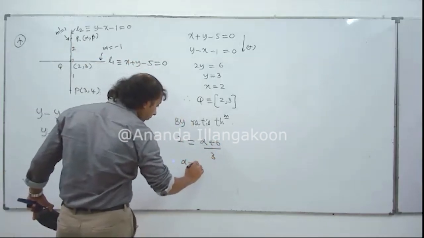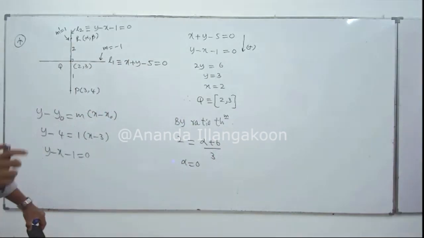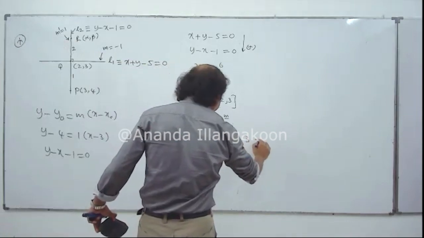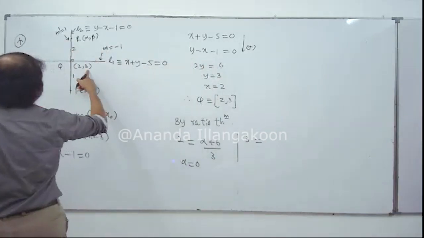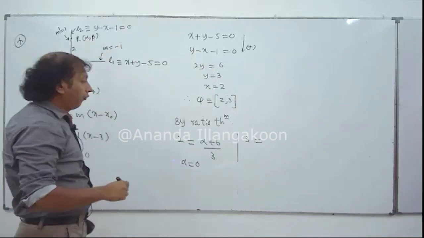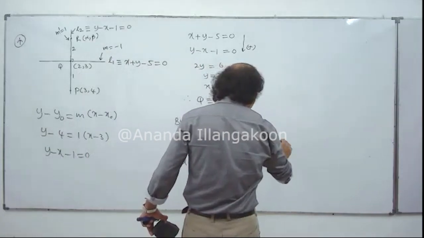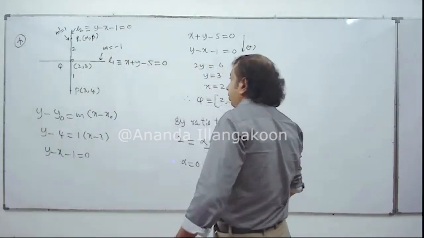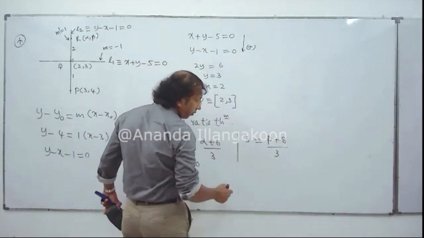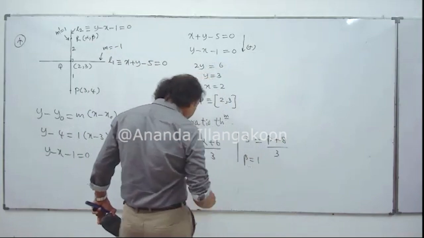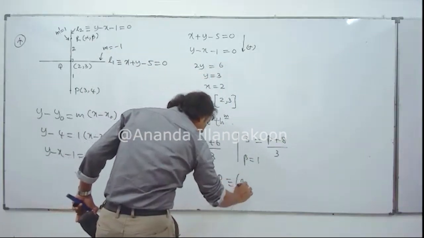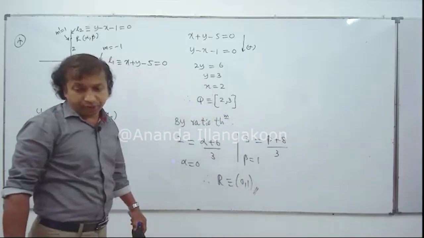Alpha is 0. Y coordinate, 3: I can write 1 into beta plus 2 into 4, 8, divided by 3. This is cross multiplication, 9, bring this to this side, beta is 1. Then point R we get as (0, 1). Right, (0, 1).